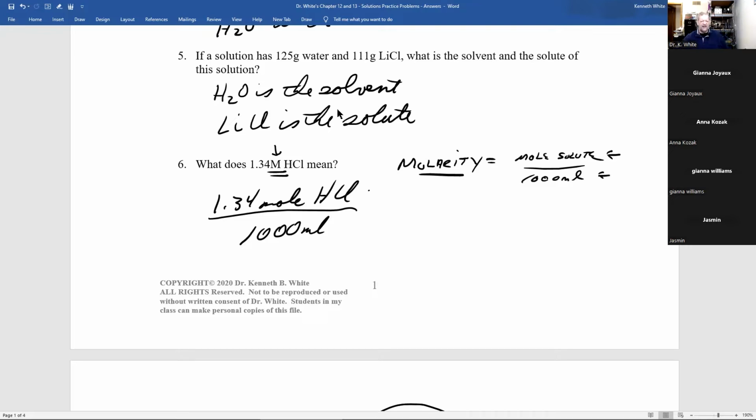So as soon as I see that capital M, I know the number in front is how many moles, 1.34 moles. What's the solute? Hydrochloric acid, HCl, per 1,000 milliliters.